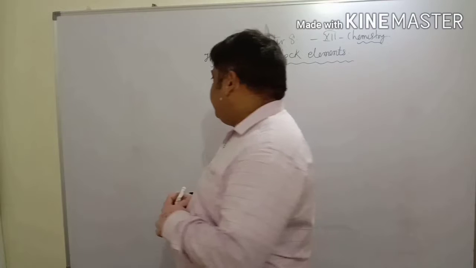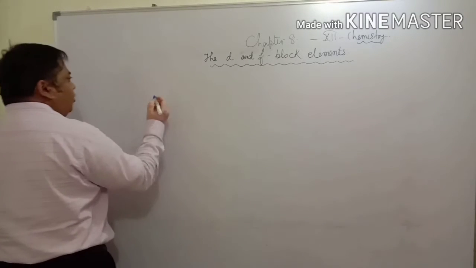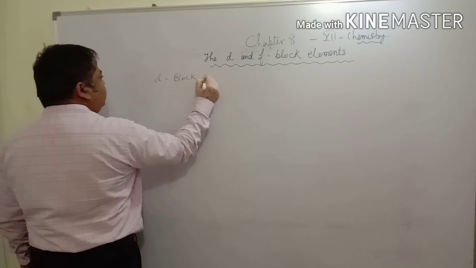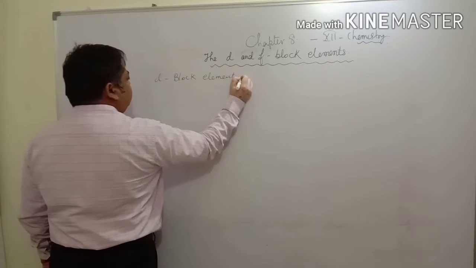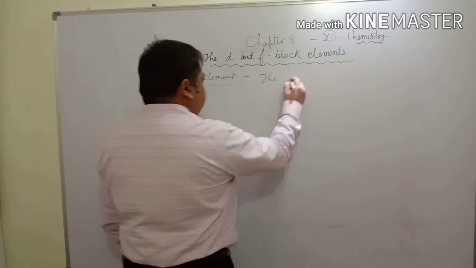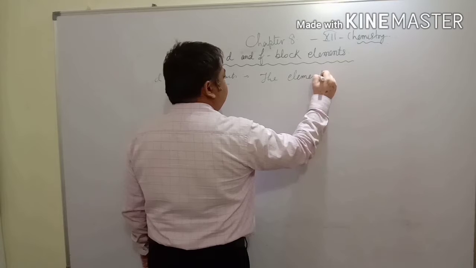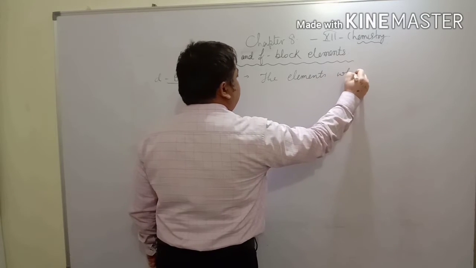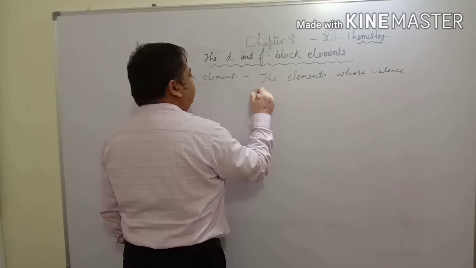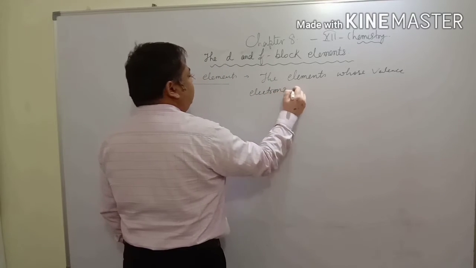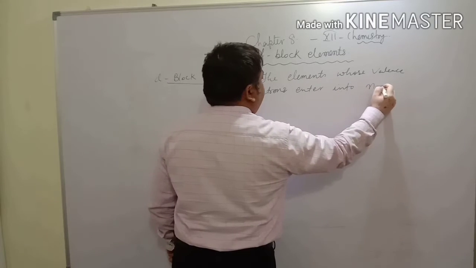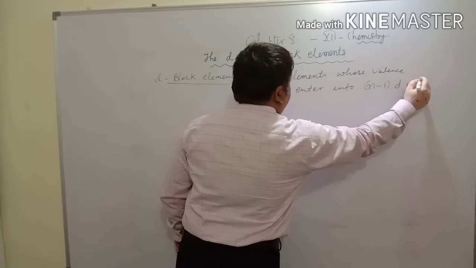Similarly, D and F block elements can be defined as the elements whose valence electron enters into the n-1 d orbital.